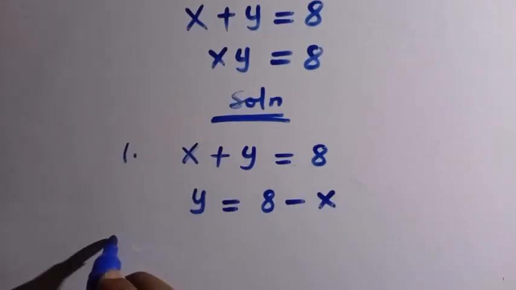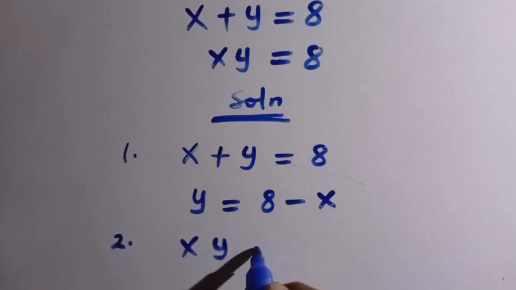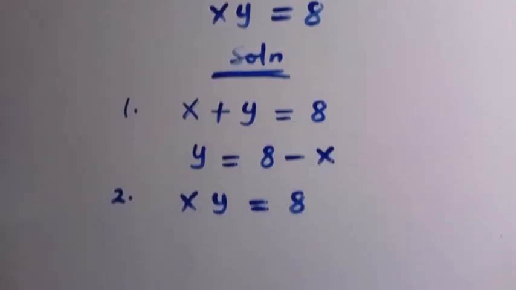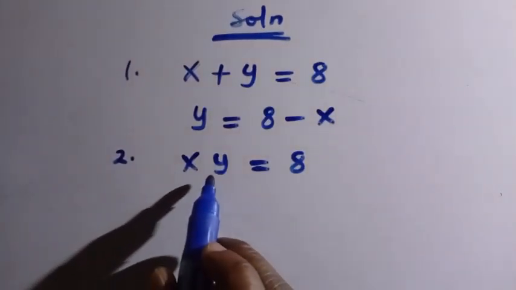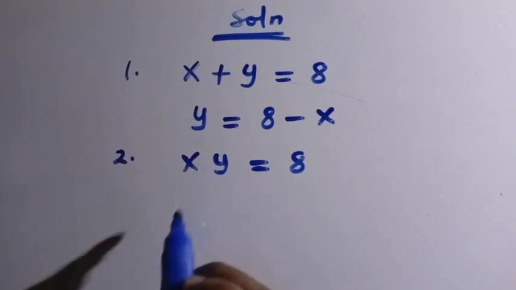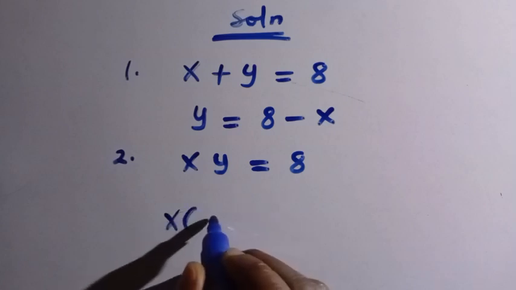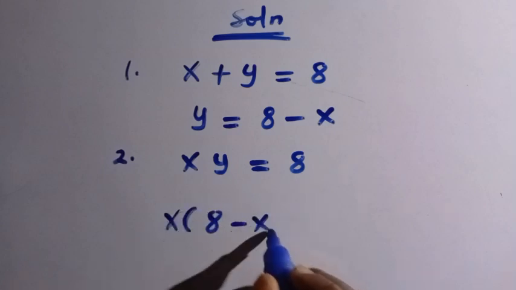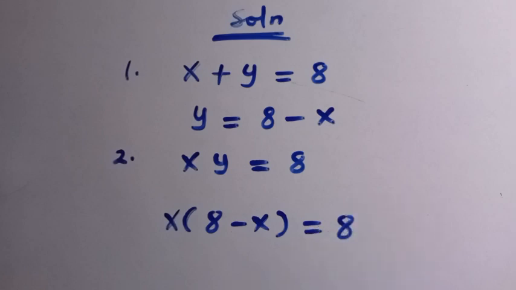Then when we consider equation 2, it says xy equals 8. From this equation 3 we formed, we are going to replace y, which is 8 minus x, in the preceding equation. Then it becomes x into bracket of 8 minus x equals 8.